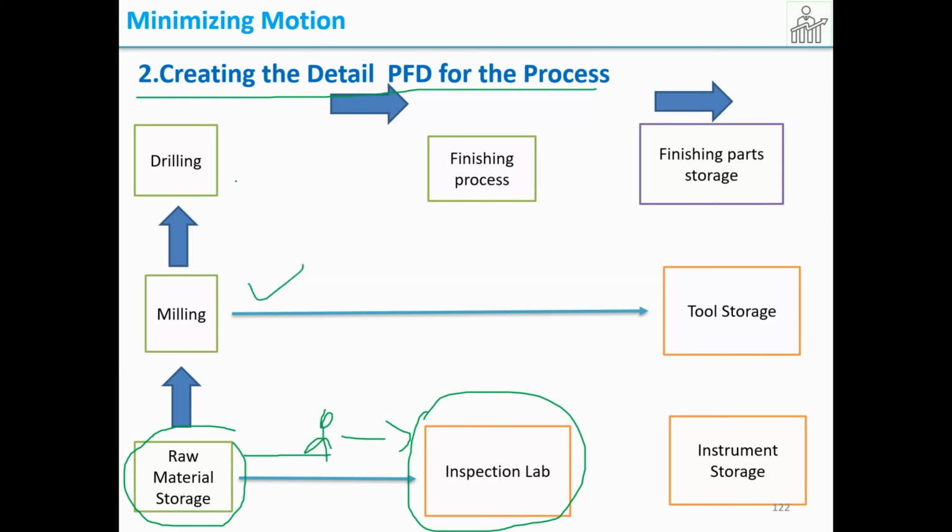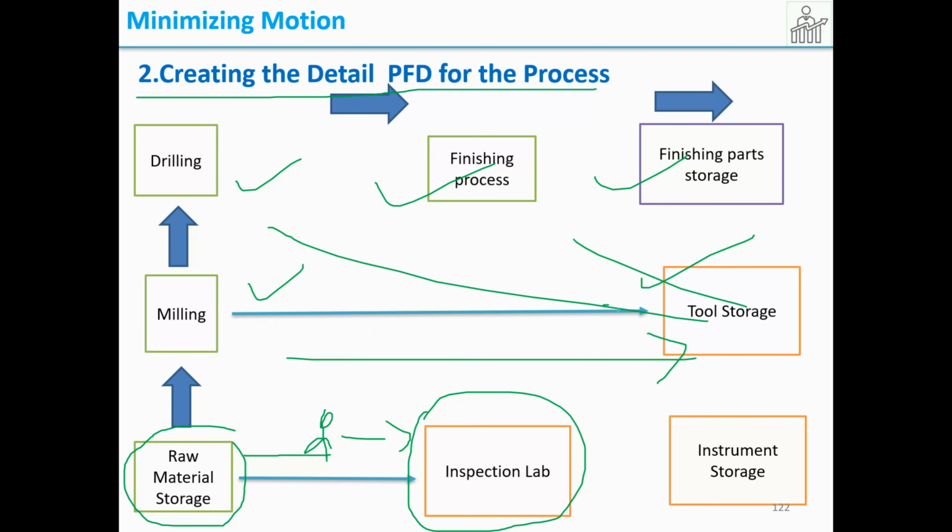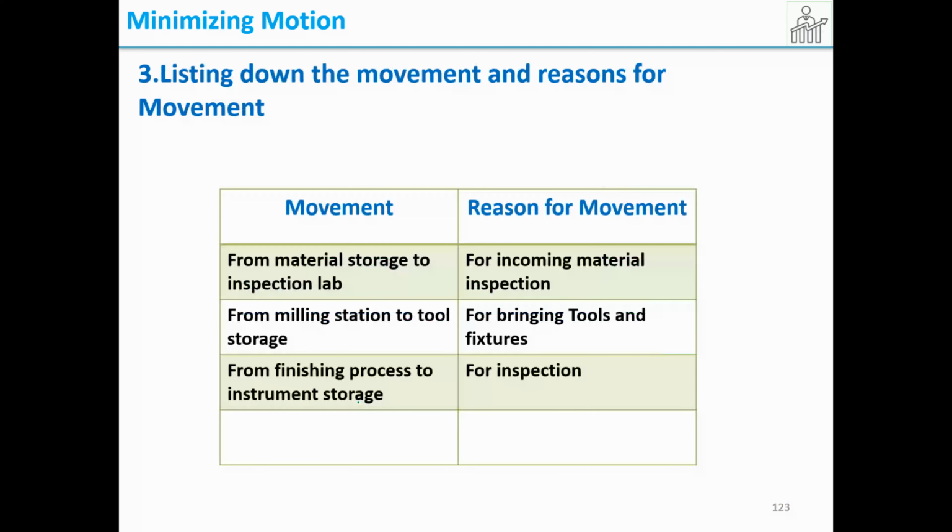Then milling happens, drilling happens, finishing process happens, finished parts get stored, then there's a tool storage. All the people will come for the tools for required operations. Then they store the instruments. For instruments also all will come for the instrument collection. So this is the flow.